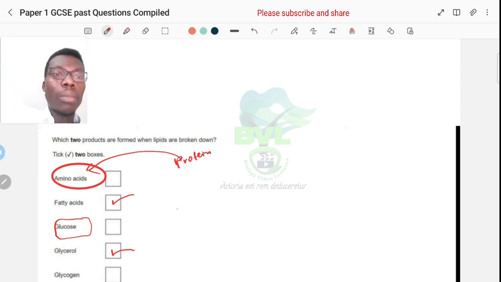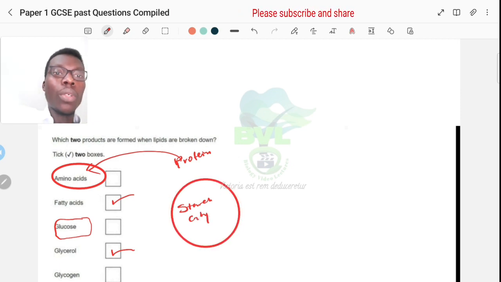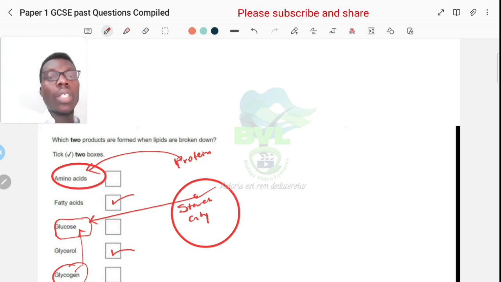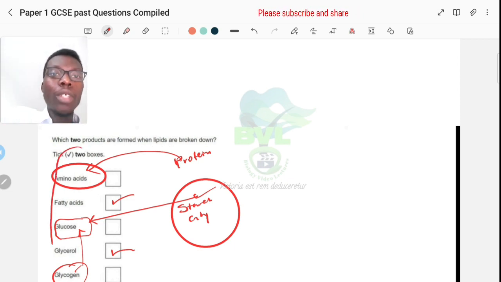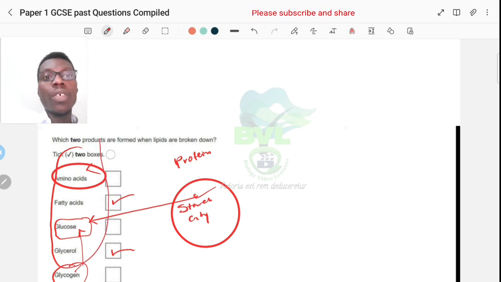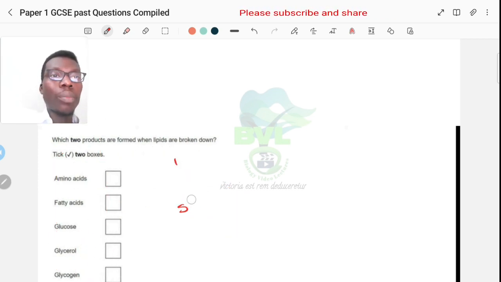When carbohydrates, which can be starch or glycogen, are broken down, they are broken down into glucose, which is the form in which carbohydrate is absorbed. So these are the absorbable forms because it's a bit of digestion.